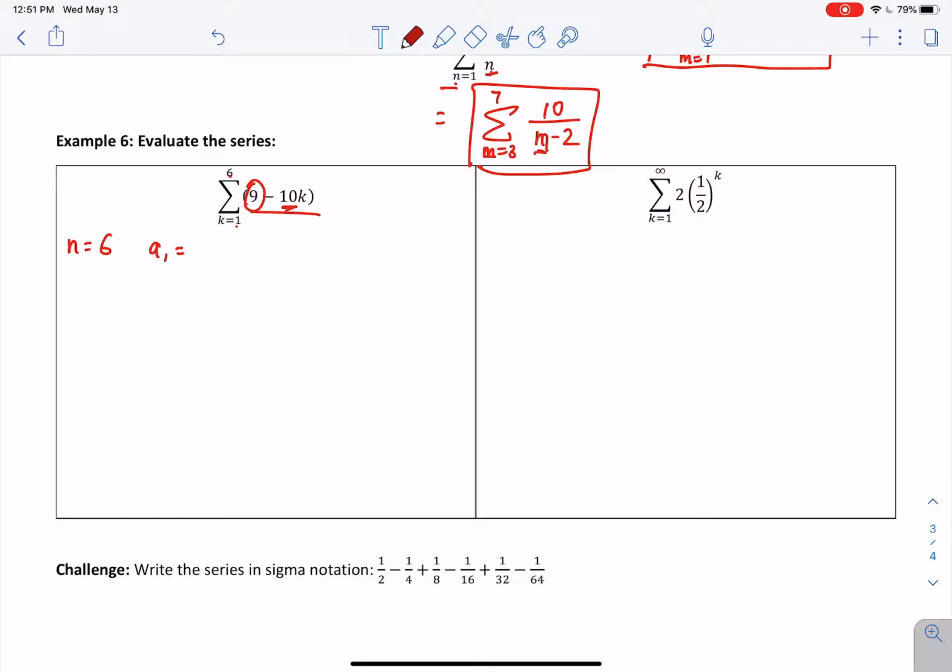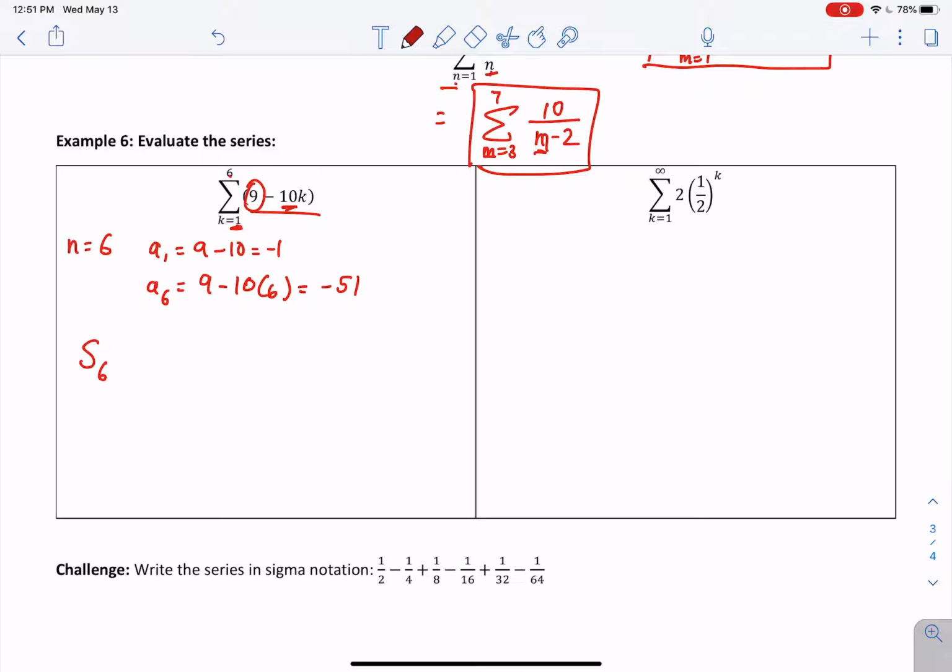My first term is when I plug in 1. So 9 minus 10 times 1 is negative 1. And my last term is when I plug in 6. So that would be 9 minus negative 60, which is negative 51. Then I'm going to use my formula.